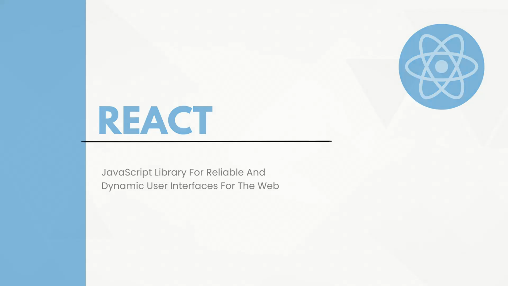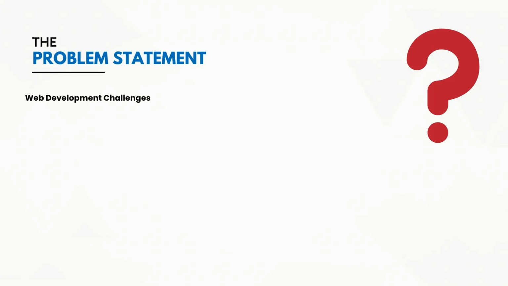So let's learn that. The problem statement with the traditional web development approach was that there were some points to be considered with React. The first problem statement that we had was the web development challenges. The major challenge of web development was manipulating the DOM. Manipulating the DOM directly with JavaScript was error prone and it led to complex and heavy code which was very hard to maintain.